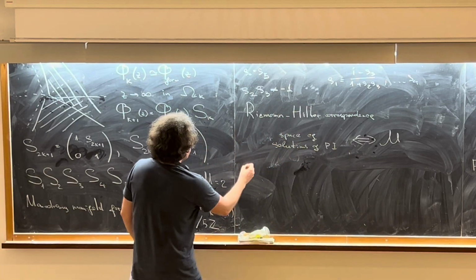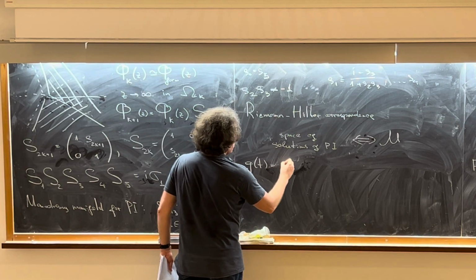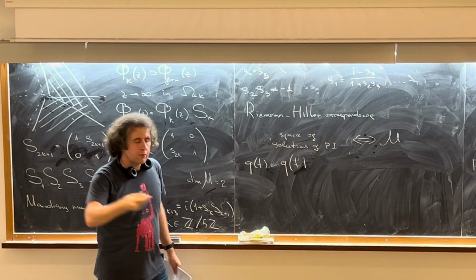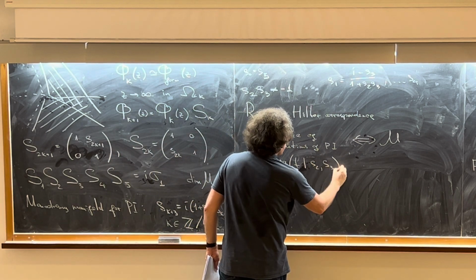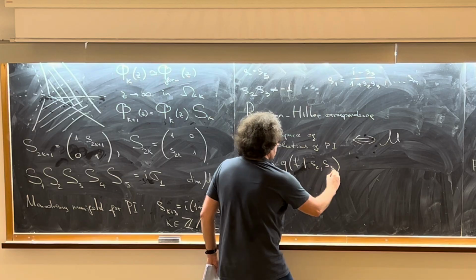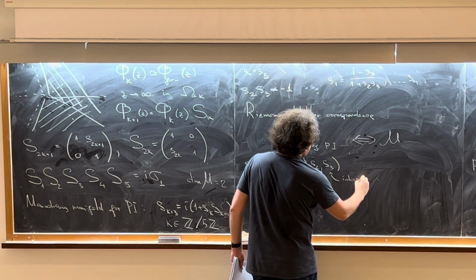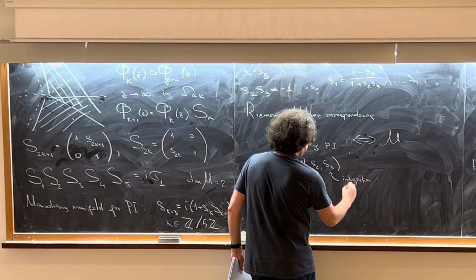So really your function Q of t, you can look at it as a function of t and two monodromy variables, for example, S2 and S3, which play the role of integration constants or conserved quantities for our differential equation.